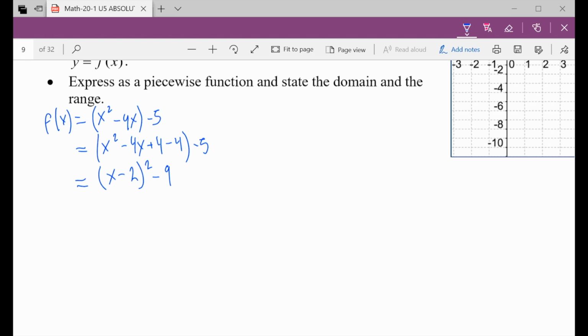And what information do we have here to help us draw this thing? We know that the vertex is going to be at (2, −9).